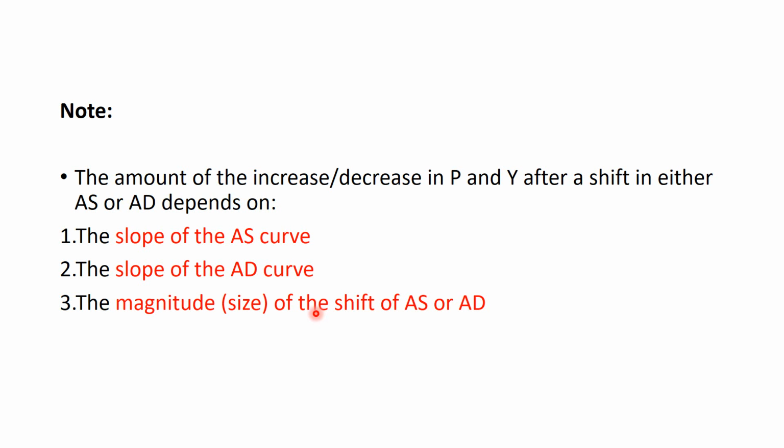Essentially, the size or magnitude of the shift in aggregate supply or aggregate demand will matter in determining by how much prices and output change when aggregate supply and/or aggregate demand changes.